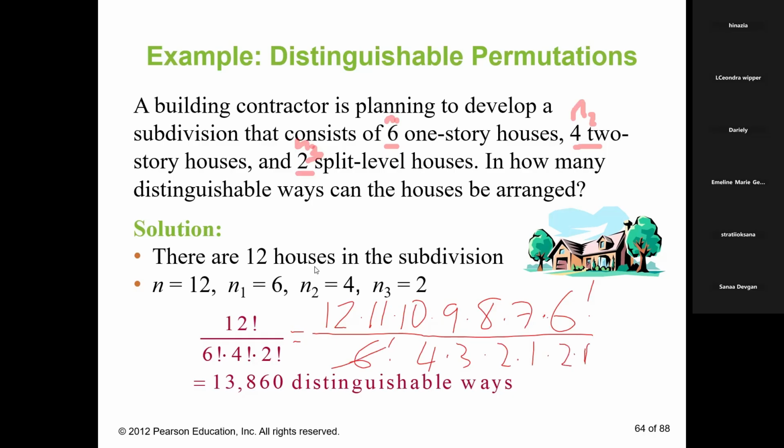Now we can show the 6. Okay? Now when you multiply the top, you're going to get a number. When you multiply the bottom, that will give you 24 times 2, that's 48. Multiply the top, that will give you a number over 48. So when you do the division, you get 13,860 distinguishable ways.